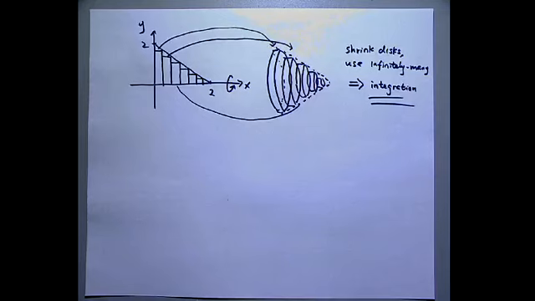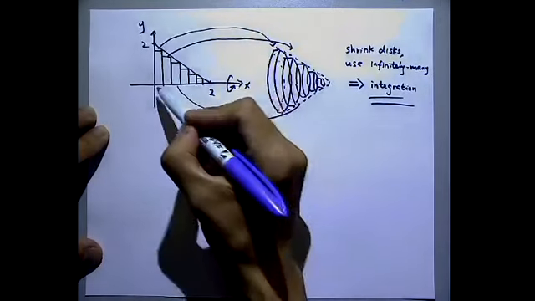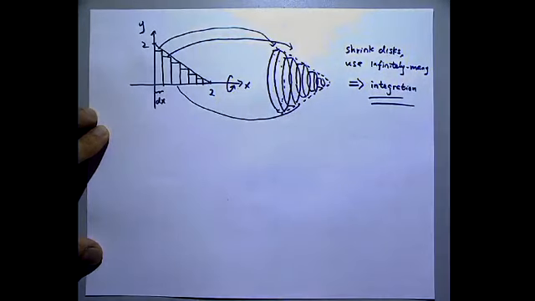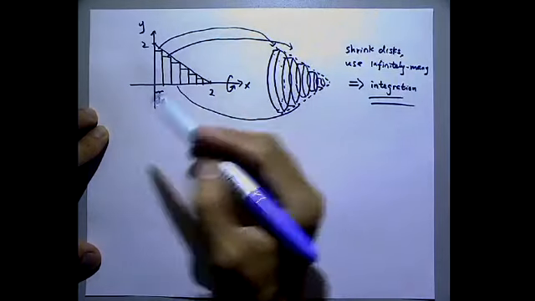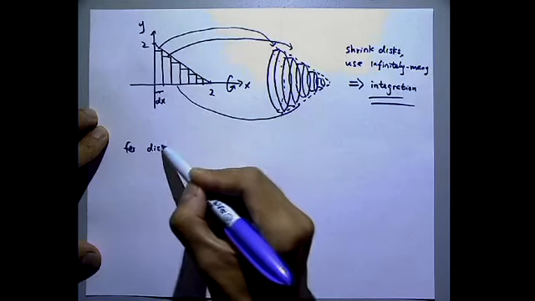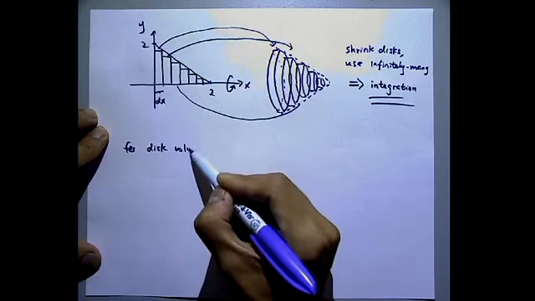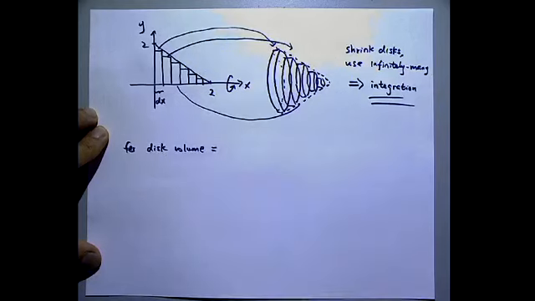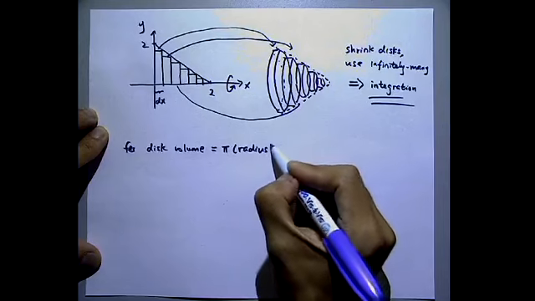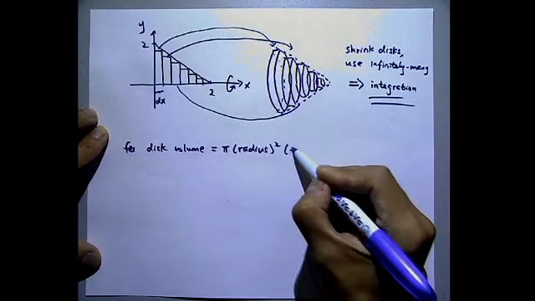Okay, now let's calculate the volume by adding up these disks. Remember, each disk is dx wide. And we know the disk volume is the area of the circle, pi times the radius squared times the thickness.